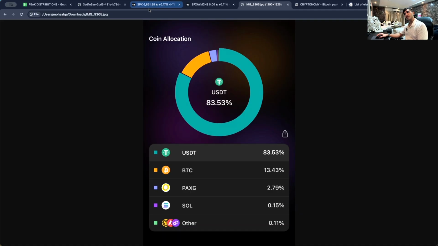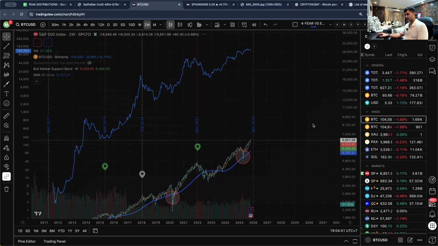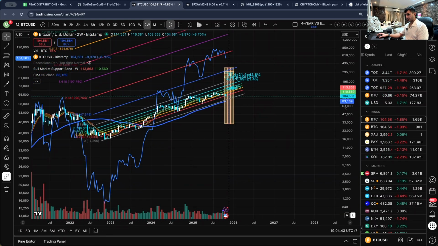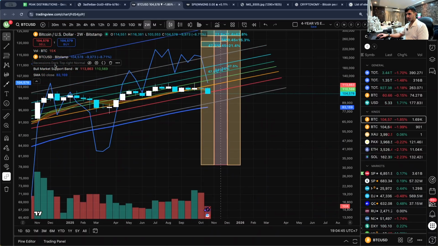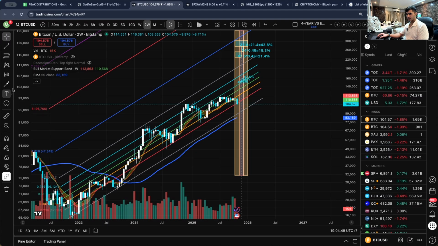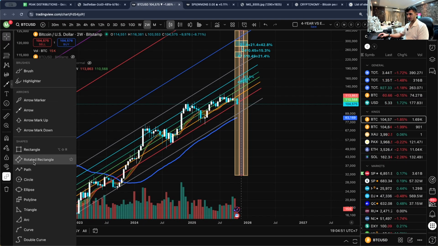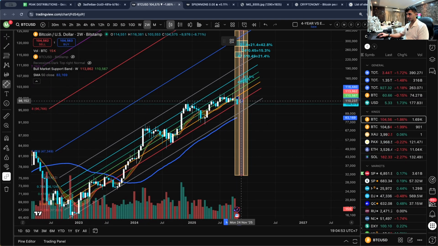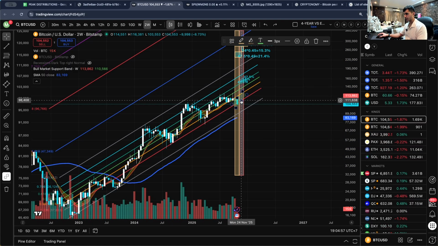I will only reinvest into Bitcoin if we start seeing an extension of the bull trend. All right?